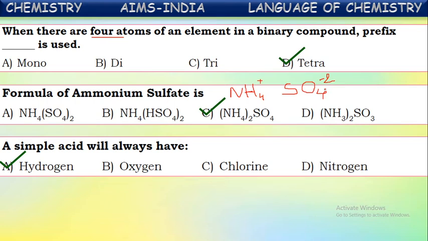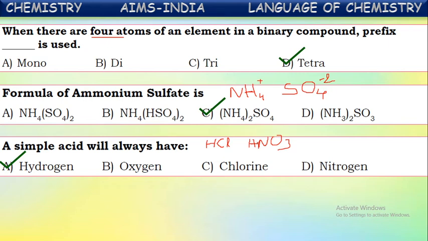For example, hydrochloric acid, HCl, has hydrogen. Nitric acid, HNO3, has hydrogen. Sulfuric acid, H2SO4, has acid hydrogen in it. So in this way, almost all the acids have hydrogen in common.